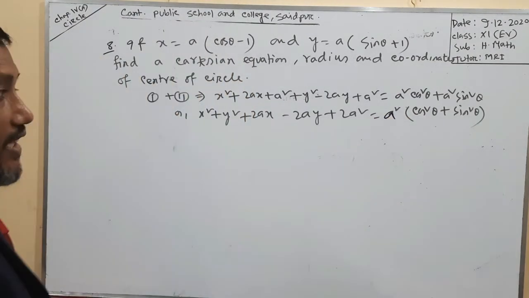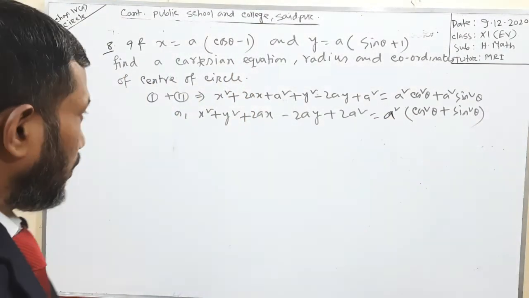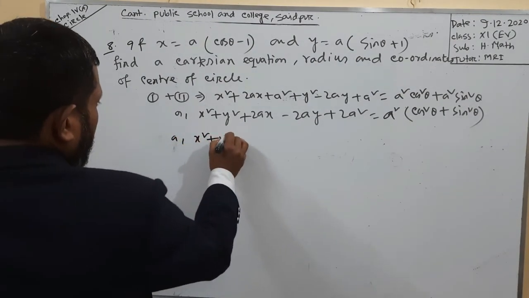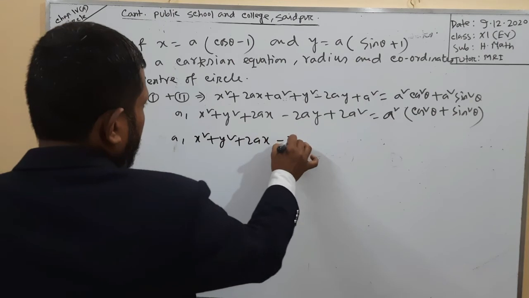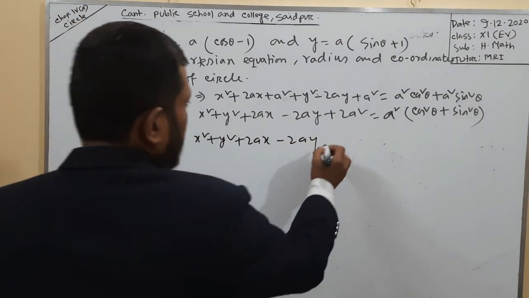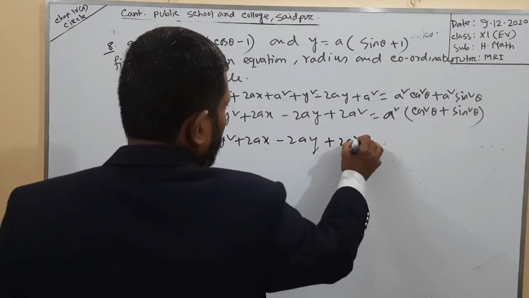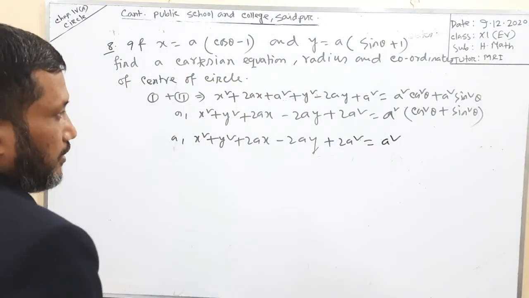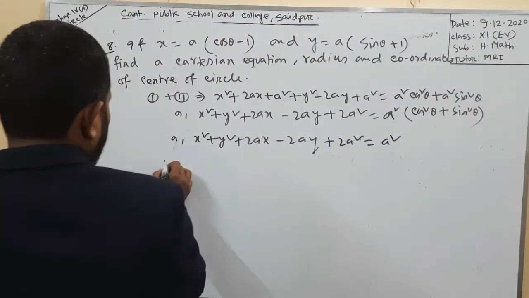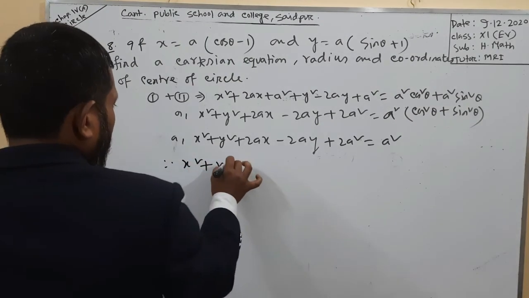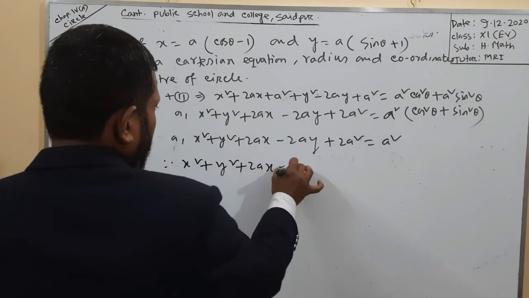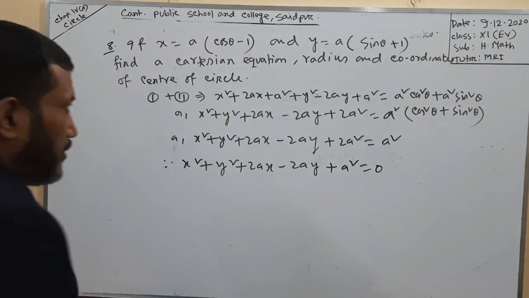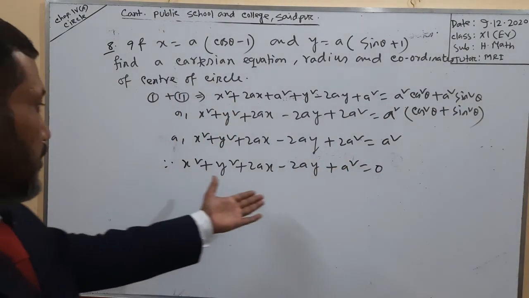We know cos square theta plus sin square theta is equal to 1, therefore x square plus y square plus twice ax minus 2ay plus a square is equal to 0. This is the required equation of a circle.